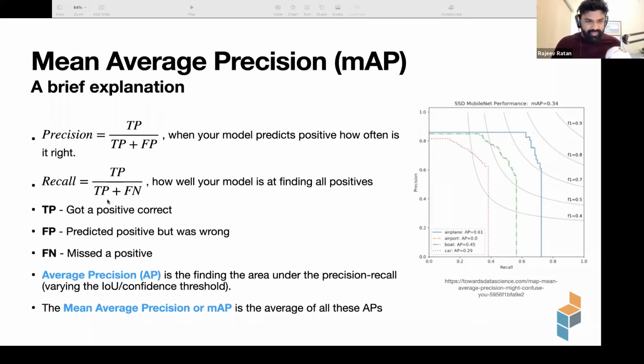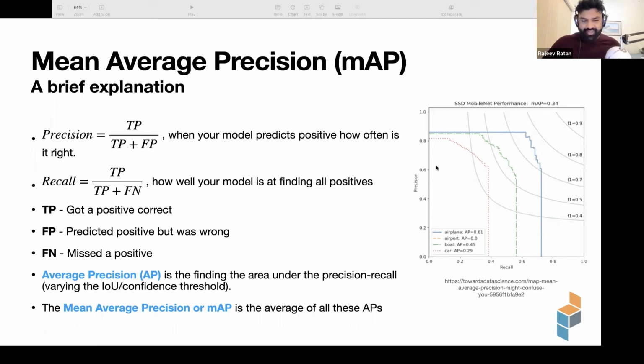So now what mean average precision, or MAP, is, is basically the area under the precision recall curve. So imagine we're plotting precision here and recall here, and we're varying the IOU threshold from 0 to 1. We'll have this area under the curve here.